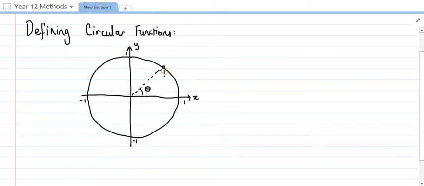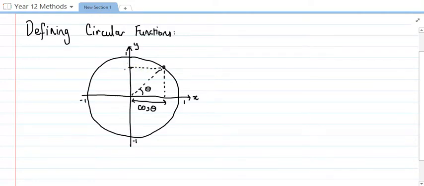So if we have a look at the x coordinate down here, we can see that it's going to be whatever that distance there happens to be. And, well, it doesn't really matter what that distance is, but we define it as being cos theta. Now, the other coordinate that is important here is the y coordinate, and so the y coordinate of this point we would get by measuring back across to the y axis here.